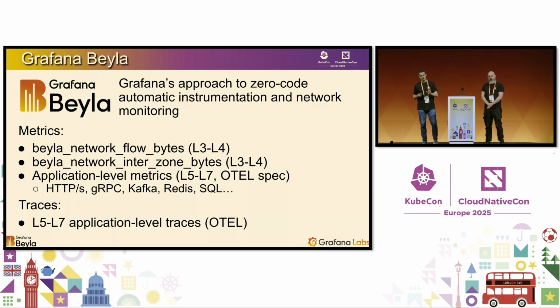It provides metrics at different levels of your network stack, like metrics about network connections, and also application-level metrics, following the OpenTelemetry specification, about different services your application may carry, like HTTP, gRPC, Kafka, etc. We also provide application-level traces following the OpenTelemetry specification.